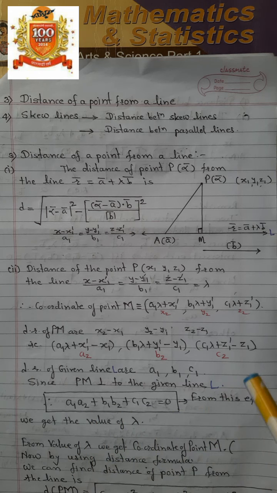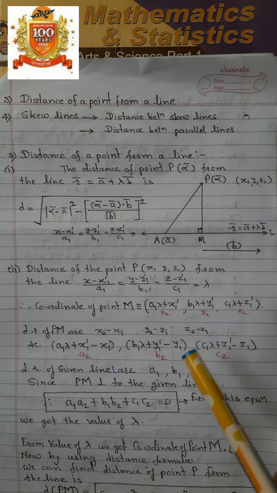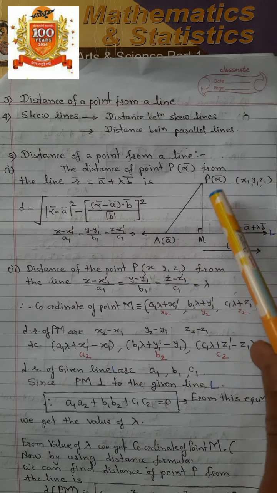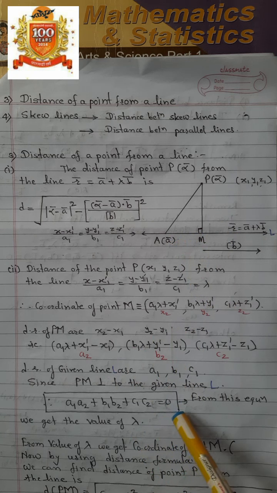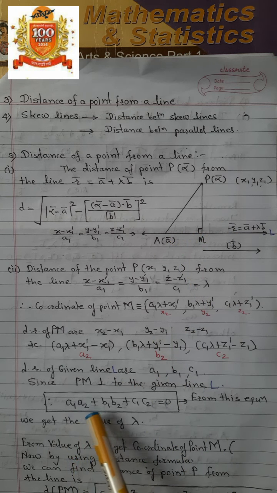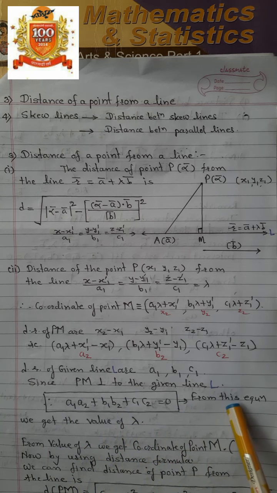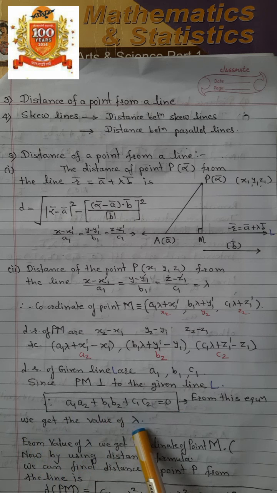That is, the sum of corresponding products of direction ratios of two perpendicular lines is equal to 0. From this equation we get the value of lambda.